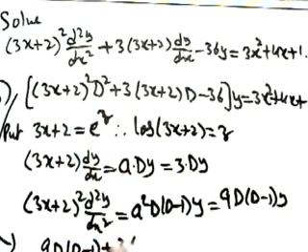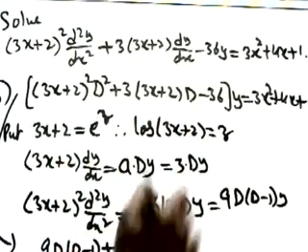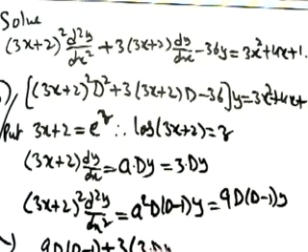Let me substitute this value: 9 into D into (D minus 1), taking y common, plus 3 into, again this value is 3 Dy, taking y common, minus 36 into y equals 3 into x square.